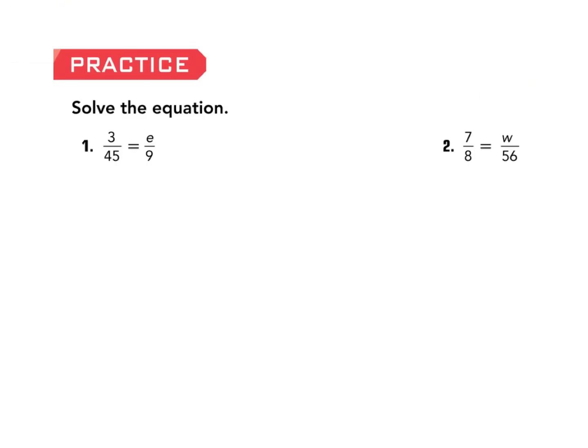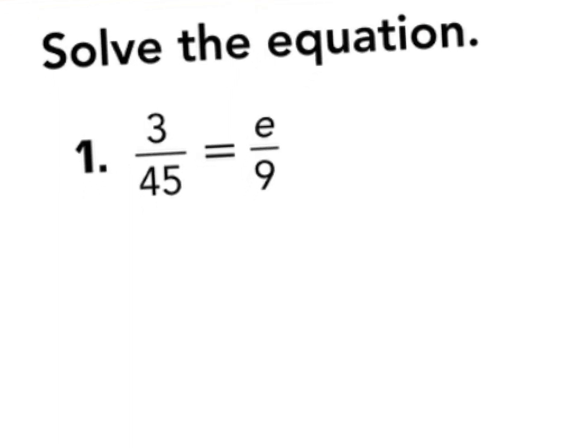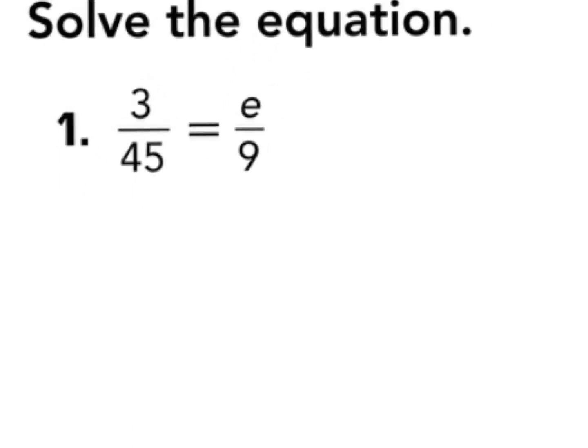So if we look at a couple examples here, they want us to solve the equation. This is already set up for us. We've done problems like this already. So if you're going towards the variable, if you want to go across, 45 divided by 9, you don't really need a calculator, that's 5. And then the question is, what's it doing? Are we multiplying by 5 or dividing by 5?